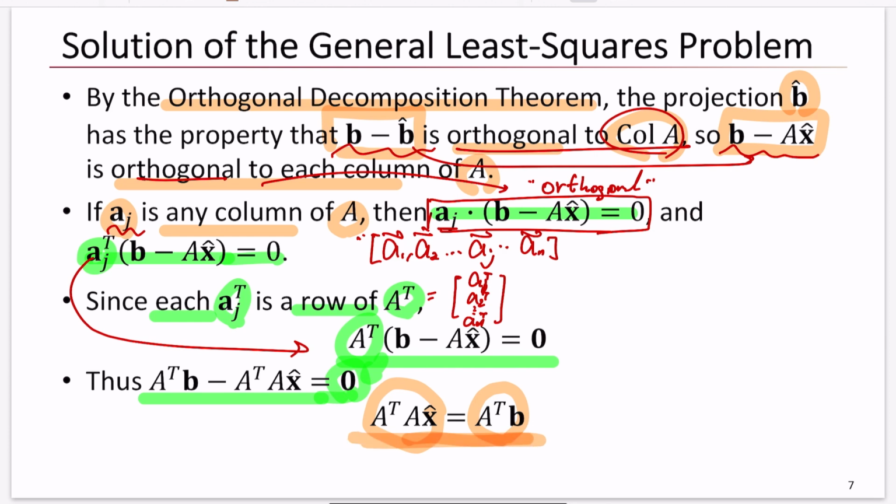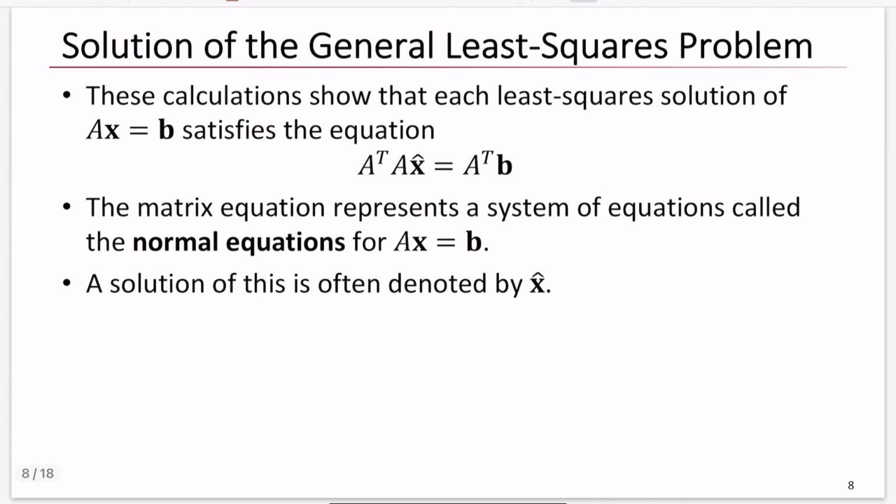In other words, this calculation shows that each least squares solution of Ax equals b satisfies the equation A transpose A x hat equals A transpose b. Even though Ax equals b doesn't have a solution, the approximate solution, I mean the least squares solution x hat, should satisfy A transpose A x hat equal to A transpose b.